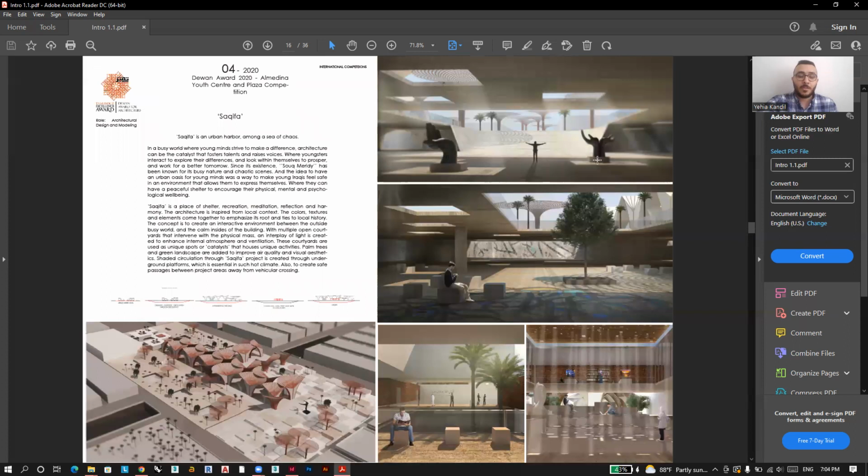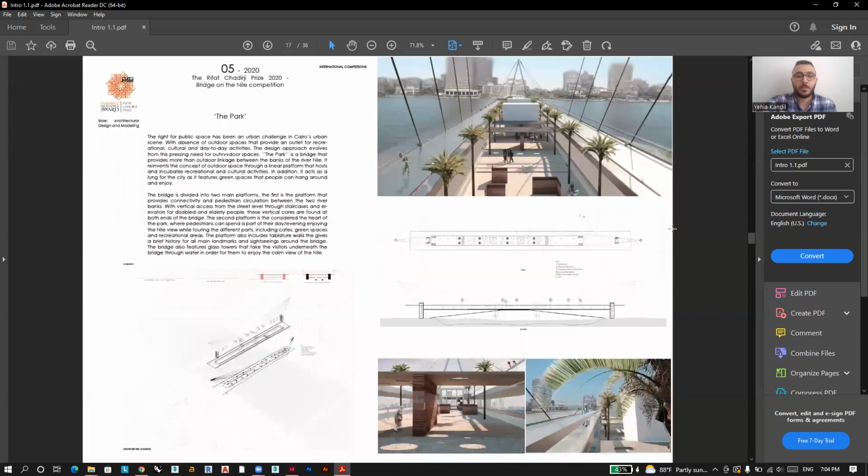This also is a submission for an architecture competition. I can briefly talk about it, but it also targets youth and highlights what youth need.